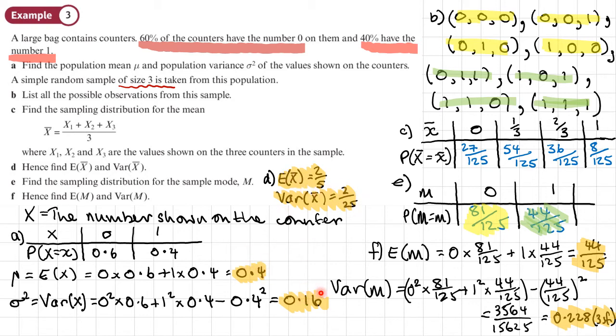So this would be a good estimator for the population mean and variance if we didn't know it, using the sample mean. However, if we were to try and use the sample mode, you see these values are different. These are biased estimates. This is an unbiased estimate here.